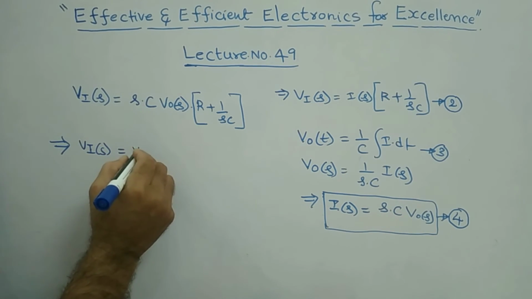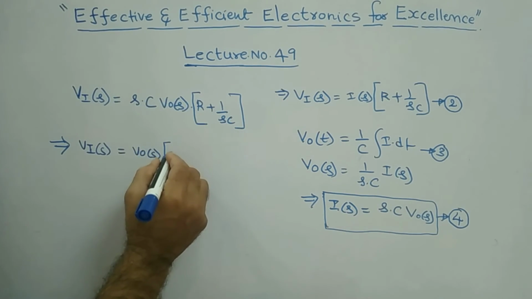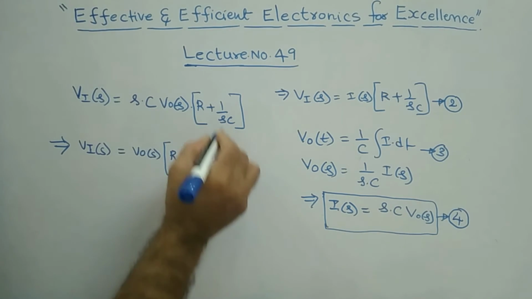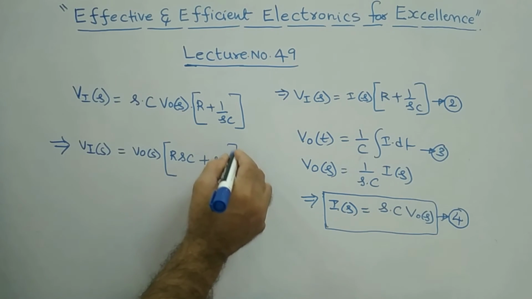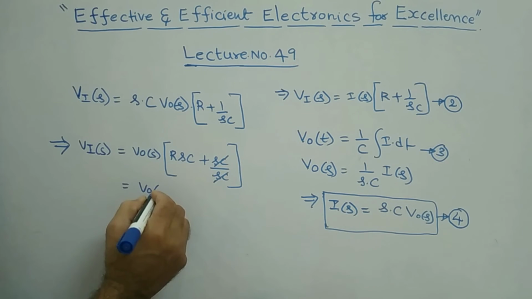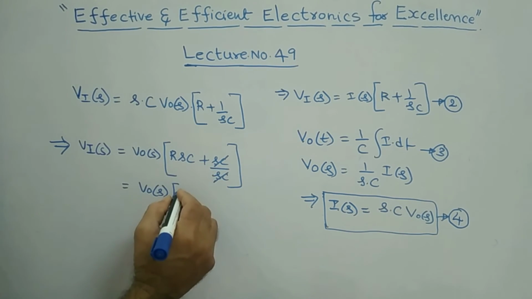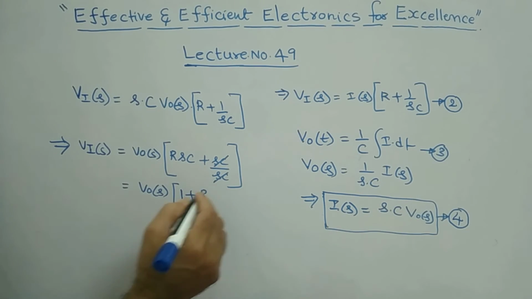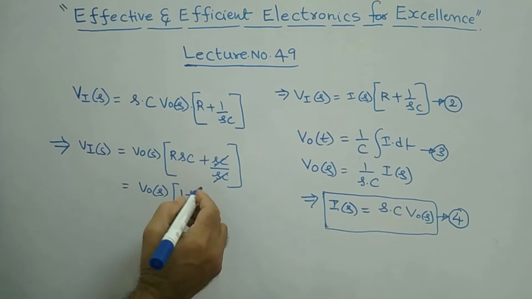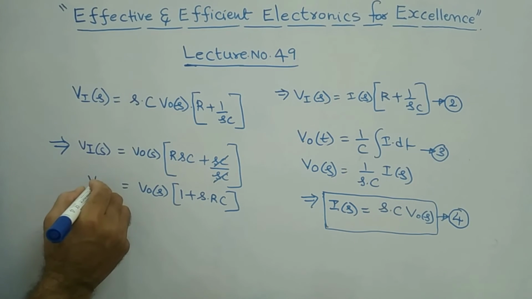So your V naught of S will be like this. You take SC inside, then it becomes RSC plus SC by SC. Clear? These two will be cancelled out, one will be here. Therefore, V naught of S is equal to 1, this is SC by SC, nothing but 1, 1 plus RSC, times Vi of S. You can write it like this also, S into RC.